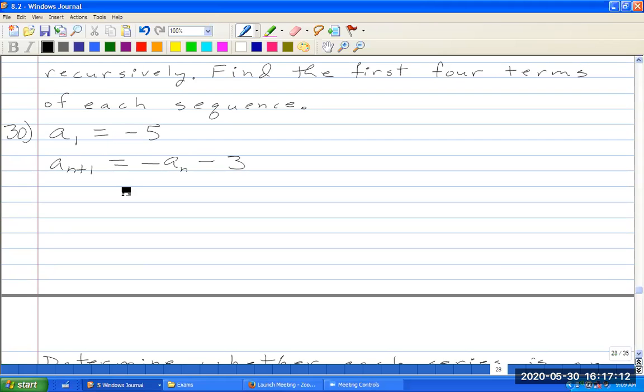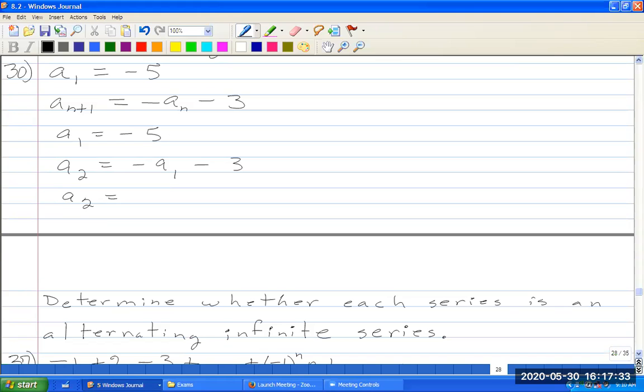To find A2, I'm just going to have to take the negative of A1 and subtract 3. And so A2 is equal to 5 minus 3.